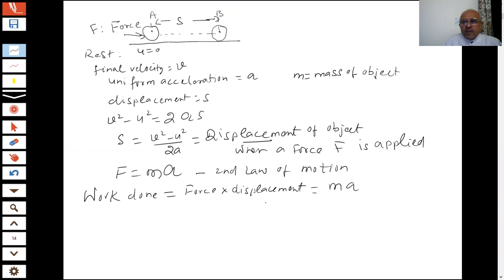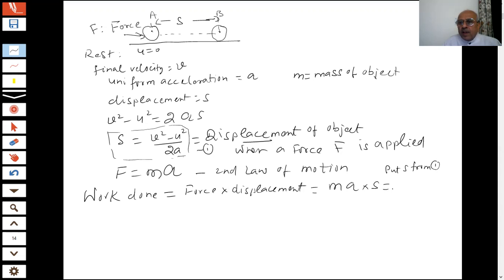Then work done is mass into acceleration into displacement. Displacement is S. What is the value of S? We have calculated the value of S here. This is our S value, equation 1. So put S from equation 1.